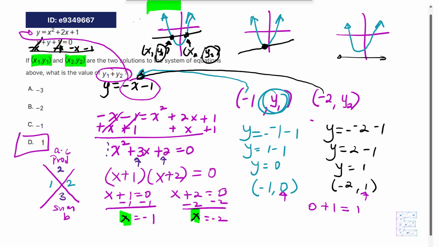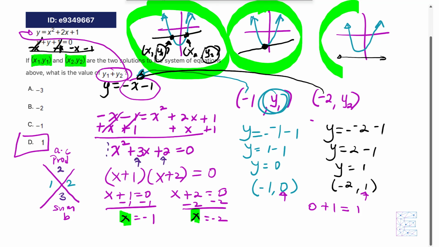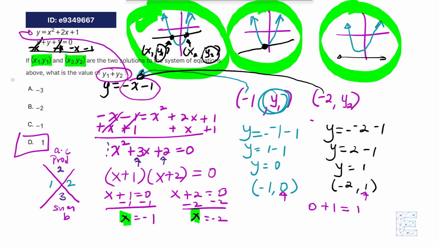I wanted you to remember that there are three scenarios when you have a system of a linear and a quadratic equation. You could have two solutions where the graphs cross in two places. You could have one solution where the graphs intersect or cross at one place, and you could have no solution where the graphs never intersect. Second, you can solve a system of equations using the substitution method.